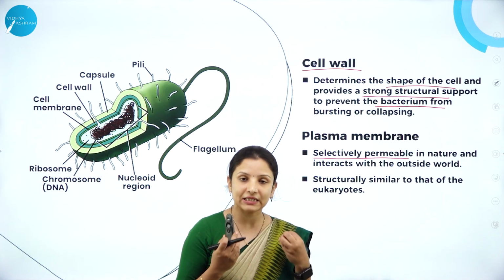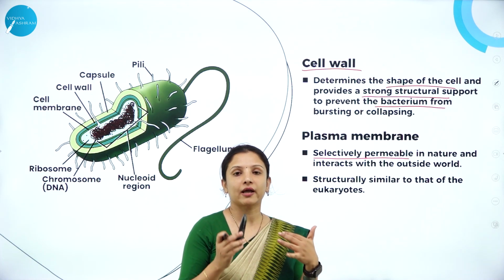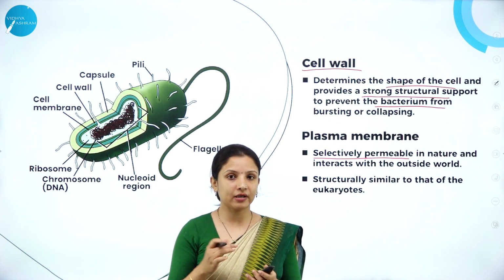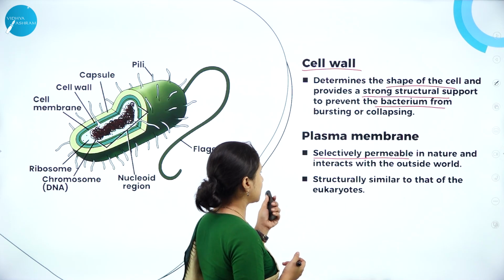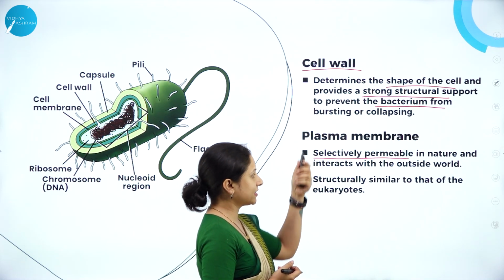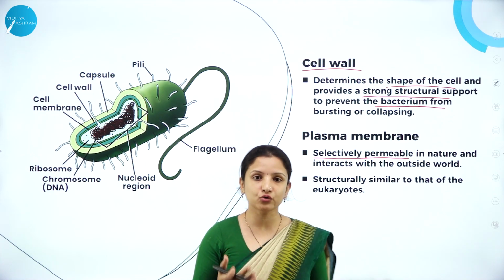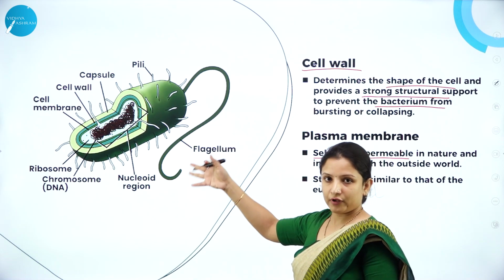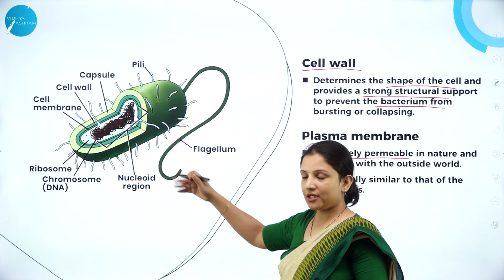Plasma membrane is selectively permeable in nature, wherein it allows only certain important substances needed for the bacteria to enter into the cytoplasm of the bacteria. And all the structure of the plasma membrane and the cell wall is almost similar to that of the eukaryotic structure itself. So this was about the cell envelope of the bacteria or the prokaryotic cell.